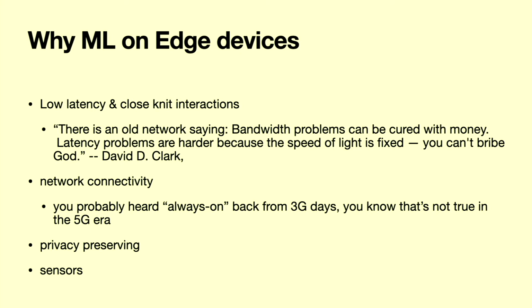And your cell phone, your mobile device, usually has more sensors than your computer, and those sensors can sense the nearby environment and get ambient data, so that it could be useful.